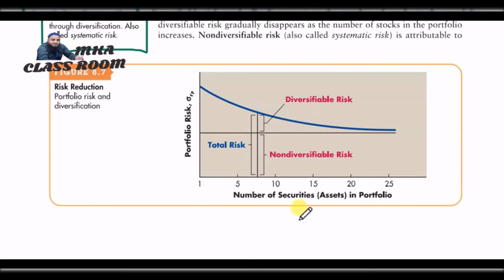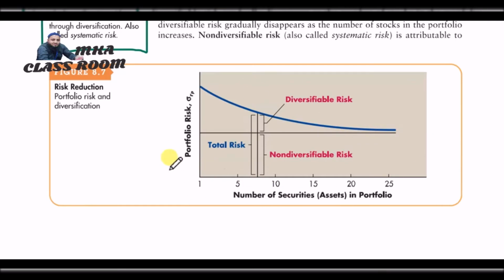It is clear. We make a portfolio to reduce or diversify our risks. If you see this diagram, it is clear that as the number of securities increases, diversifiable risk decreases.